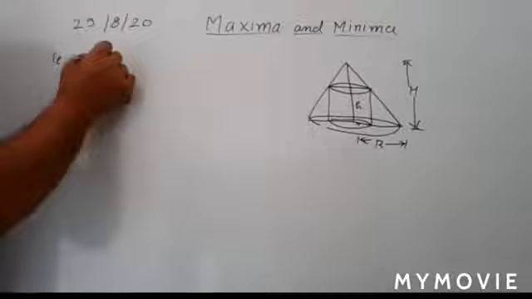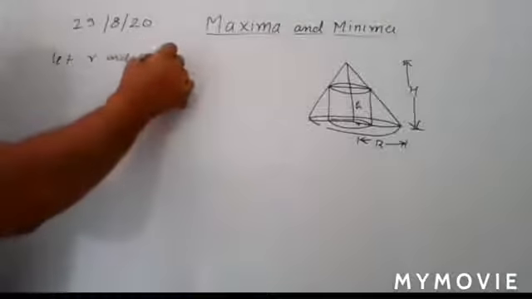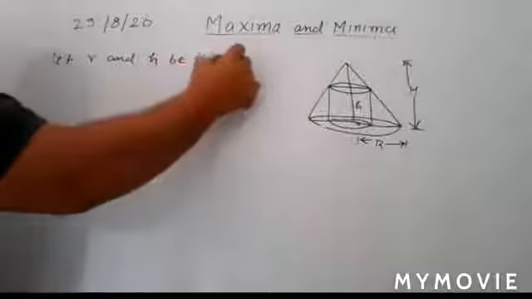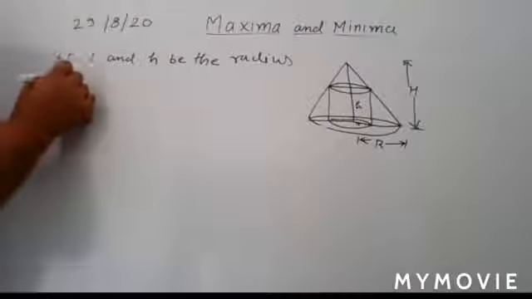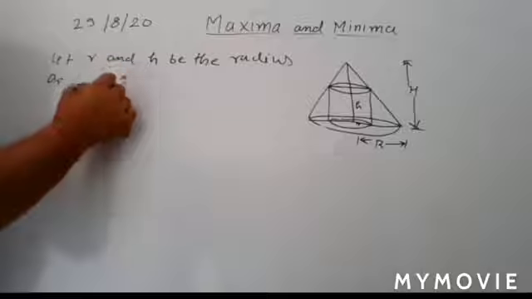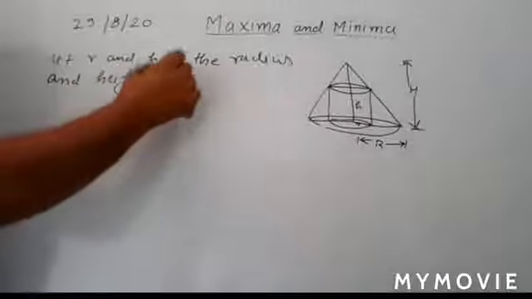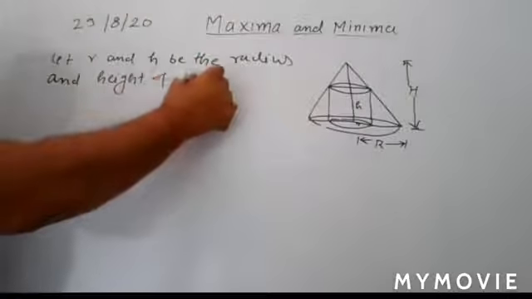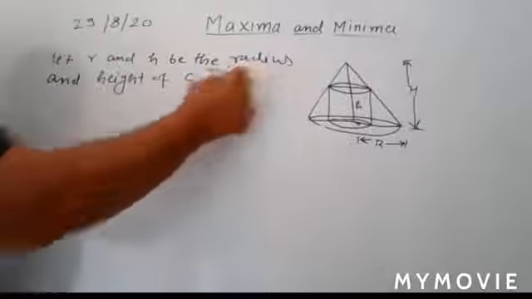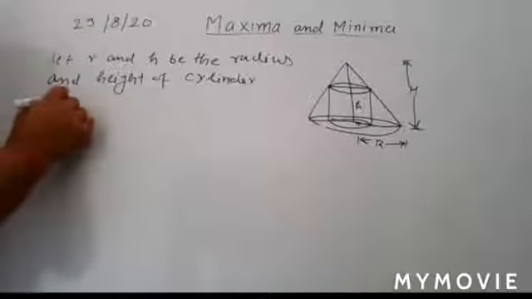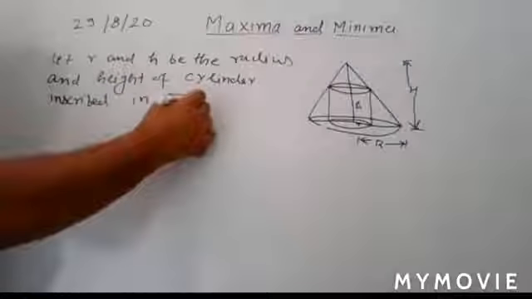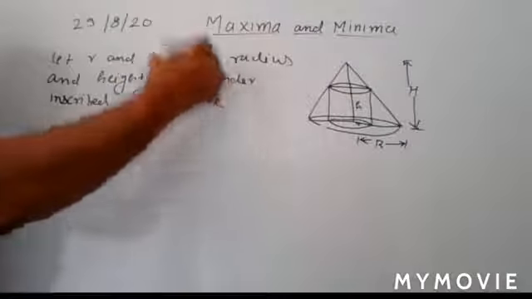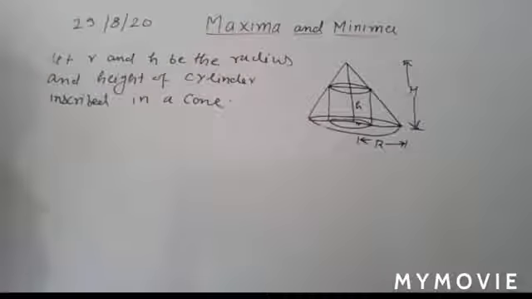Let small r and small h be the radius and height of cylinder inscribed in a given cone. Understand? So in this way here you assume.